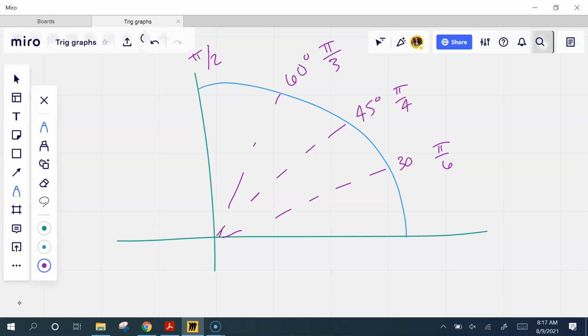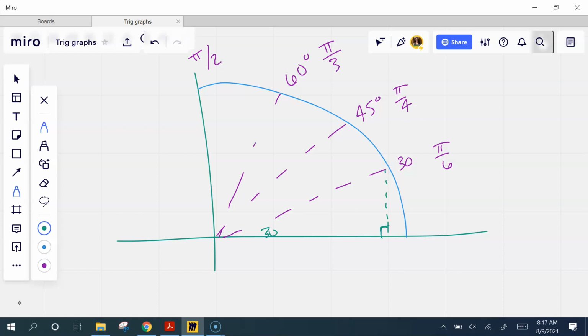Y'all good? All right, so the question was, first of all, how do I come up with these coordinates if I'm not a memorizer? So this is a 30, 60, 90 triangle, and the unit circle is special because the radius is always 1, right? So my hypotenuse on these triangles is always 1.